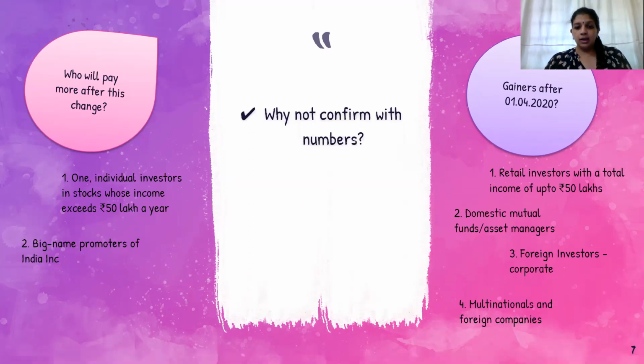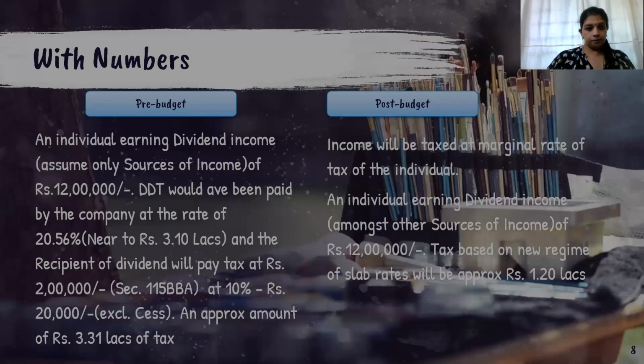People who will be losing money, or who will end up paying more tax than when DDT was in effect, shall be those individuals who have income of more than 50 lakhs a year.